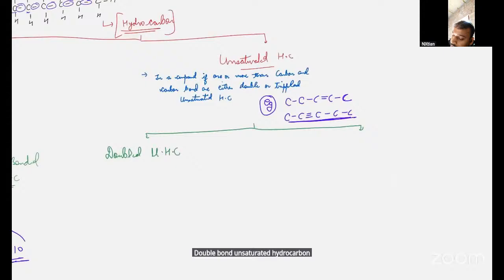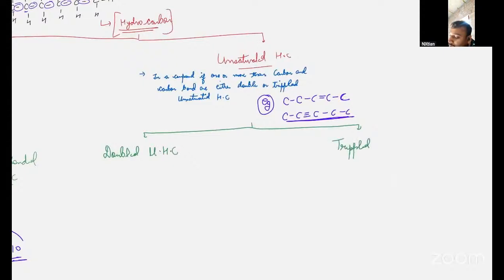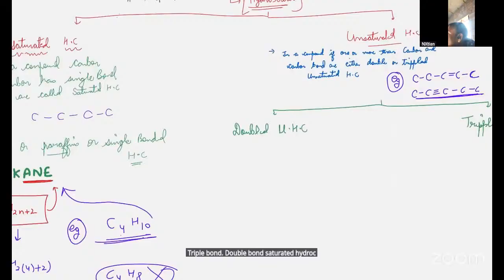And the second one is triple bond unsaturated hydrocarbon. Double bond unsaturated hydrocarbon is called as alkene. Now we have to remember this word. Remember this word. Okay? Alkene. E-N-E. Yeah, I will write it in all capital letters.